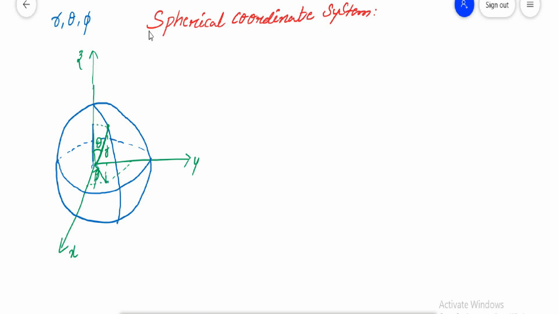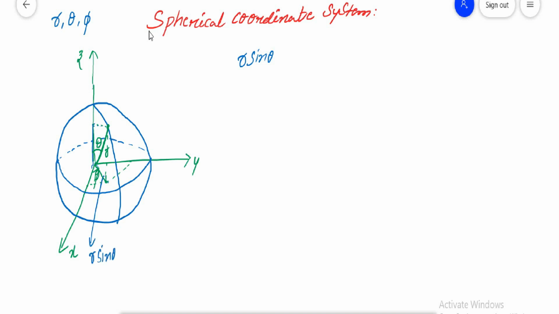So by considering this r, what will be the length of this line? The length of this line becomes r into sine theta. If this one is r sine theta, this also becomes r sine theta.